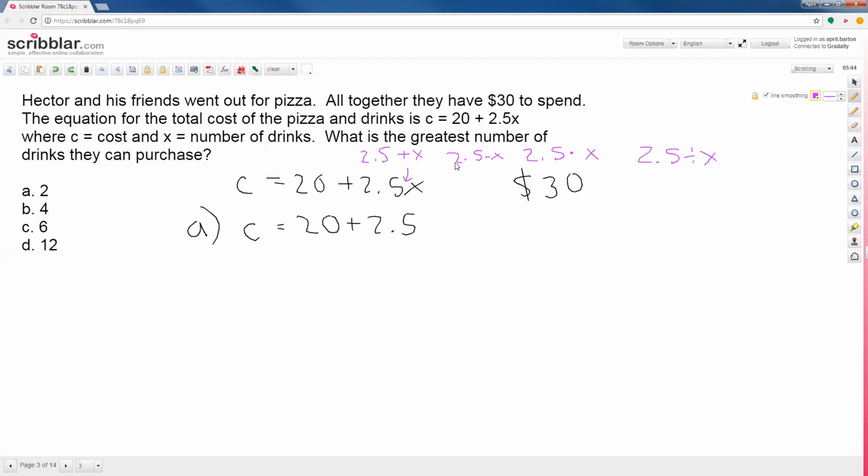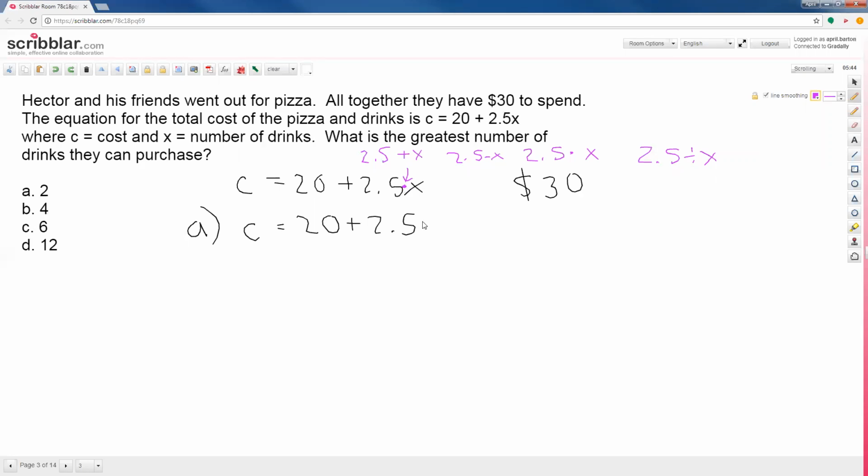You have a number touching a letter. Is it addition, subtraction, multiplication, or division? Multiply. Good. Multiplication. This is times.